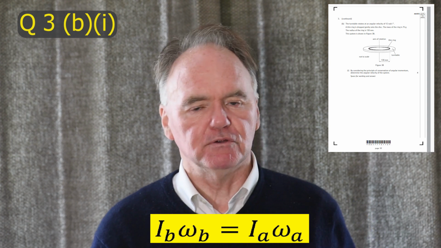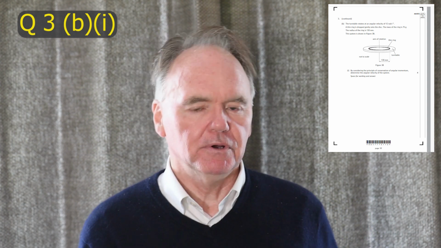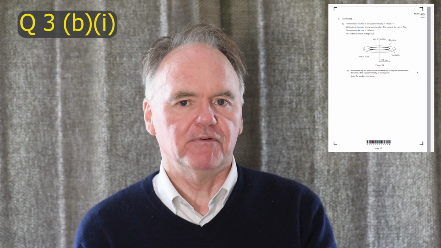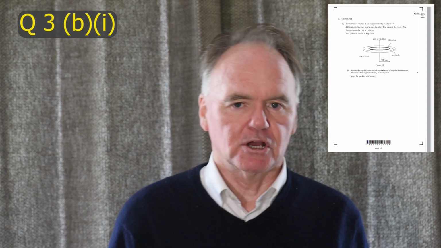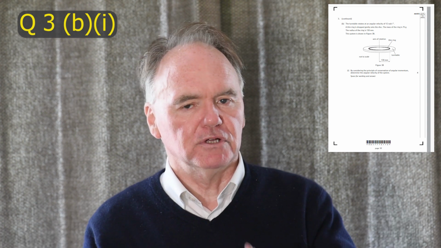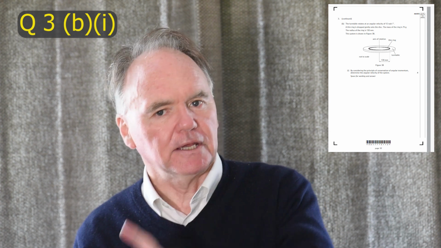We then put our values in, but we have to remember though, the moment of inertia after the coupling is different from the moment of inertia before the coupling. Before the coupling it was simply the moment of inertia of a solid disc. Now we've got a solid disc plus a ring.